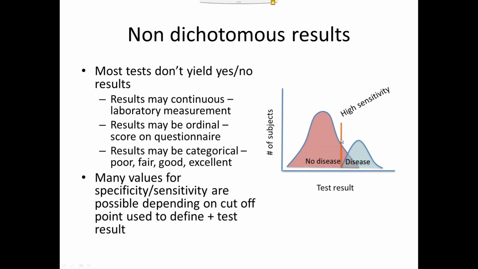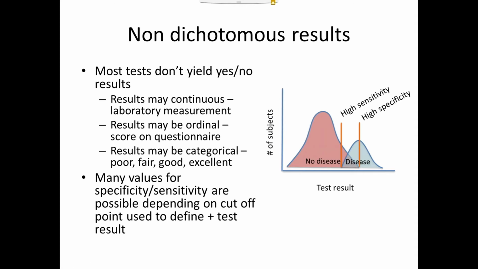So if you set your cut point here, you have a test with high sensitivity. You will identify everybody who has the disorder, but at the same time, you sacrifice some degree of specificity, because you'll get a lot of people who don't have the disorder that will have a positive test.